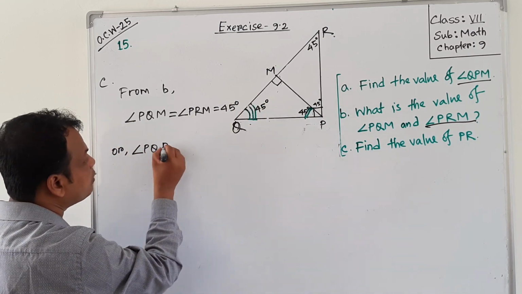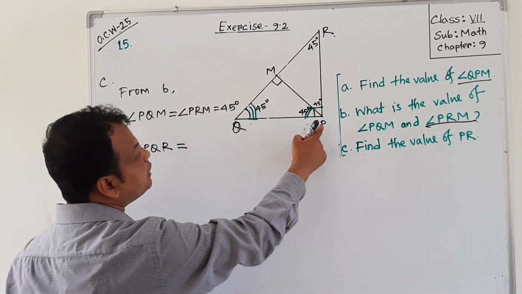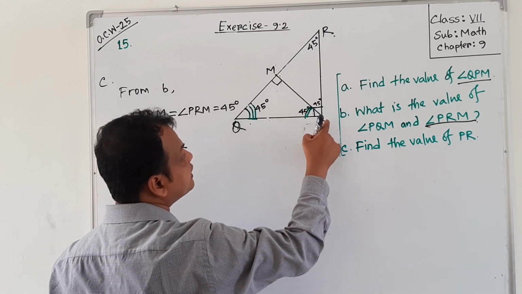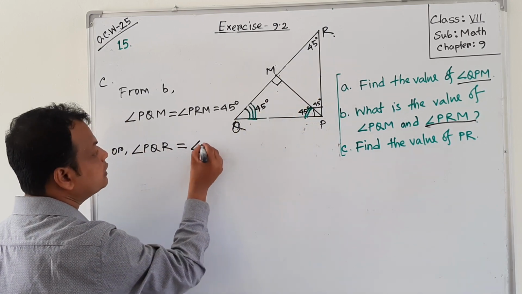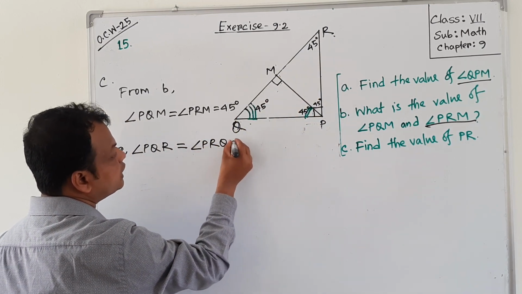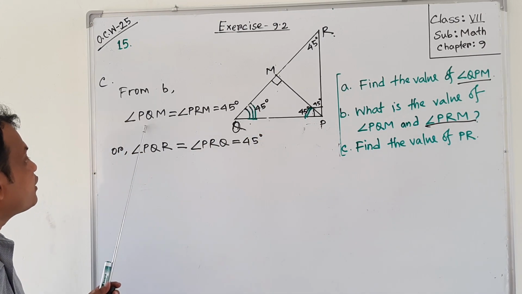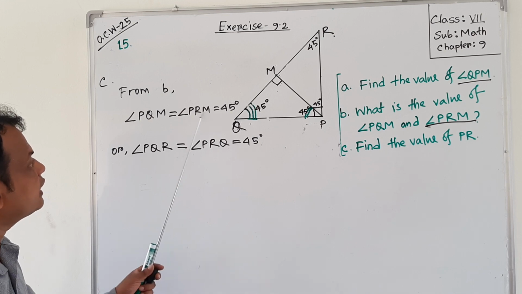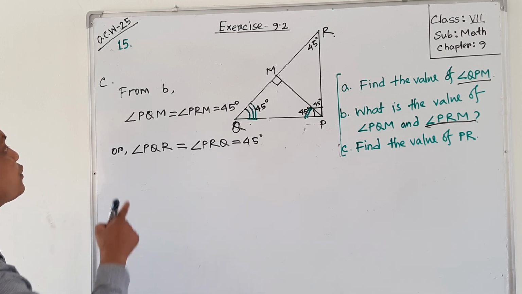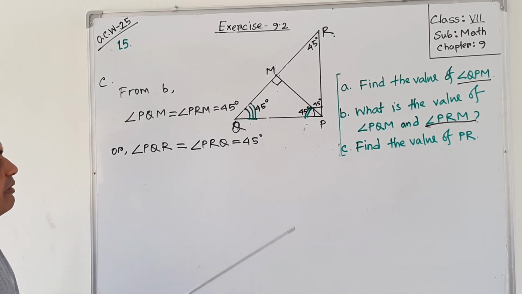So we'll write angle PQR equals angle PRQ equals 45 degrees. The angles are the same: here is Q, here also Q; here is R, here also R. So we got it from B. These are the given information.